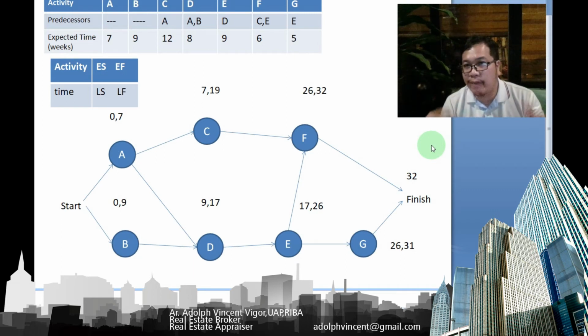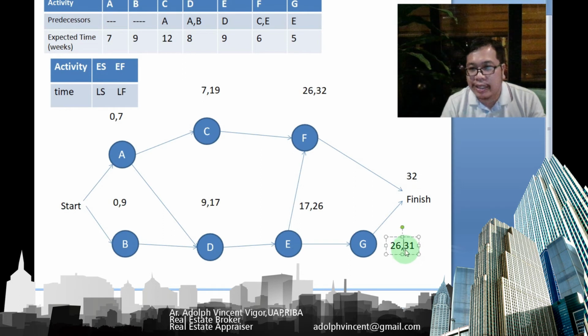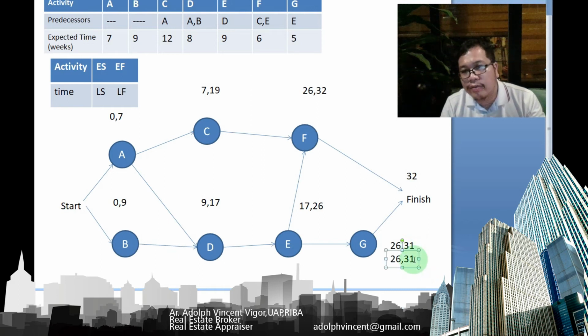Now let's go to the backward pass. Okay, now let's start with letter G. So it's 32.